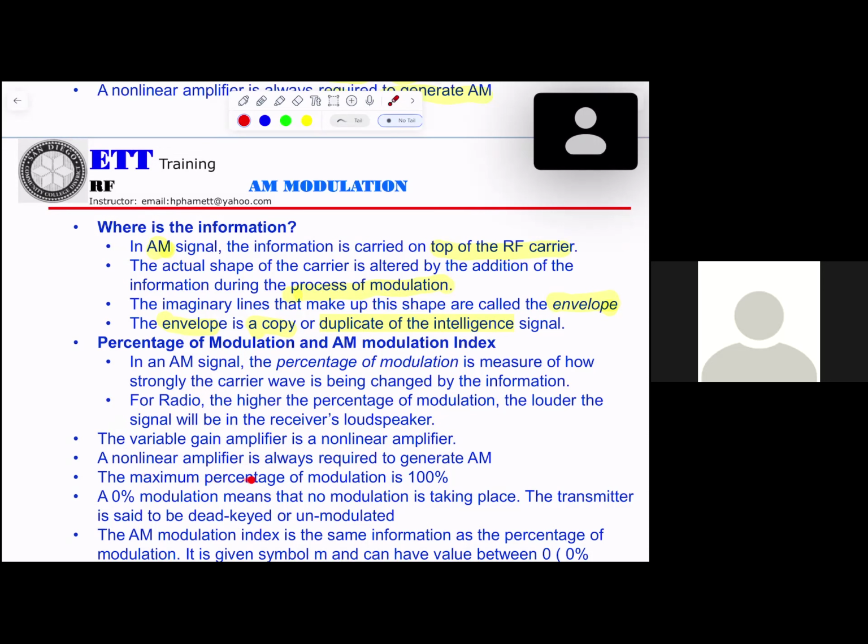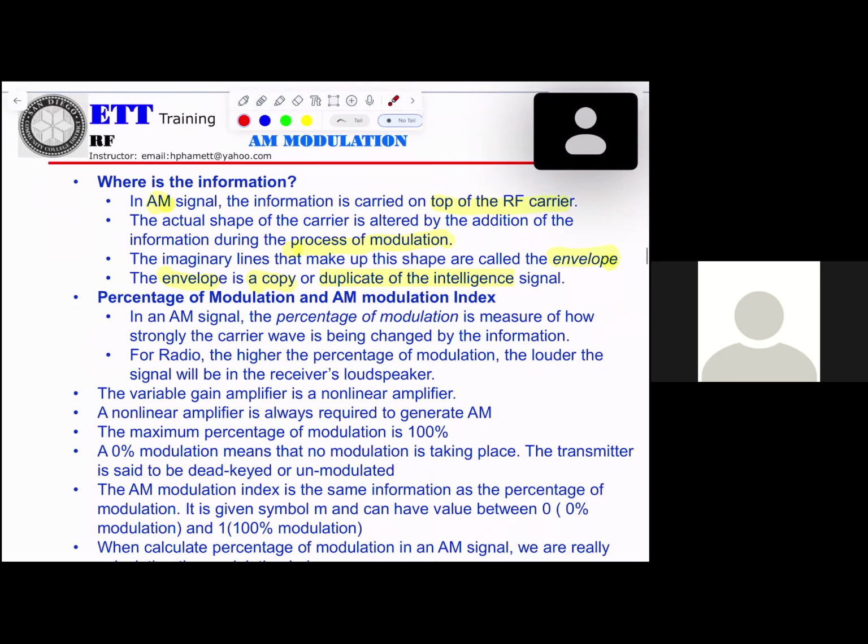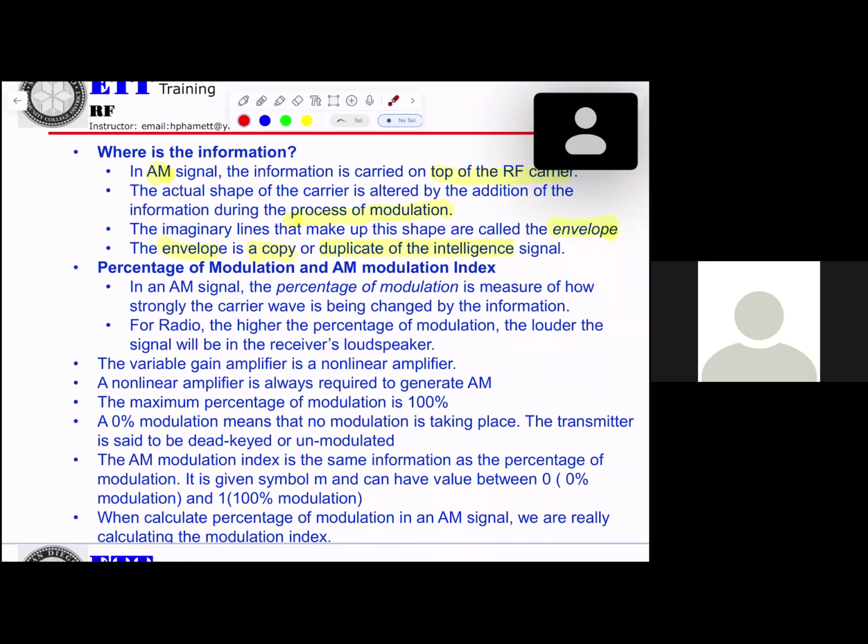The maximum percentage of modulation is 100%. 0% modulation means that no modulation is taking place. The transmitter is said to be dead, keyed, or unmodulated. AM modulation index is the same information as the percentage of modulation.